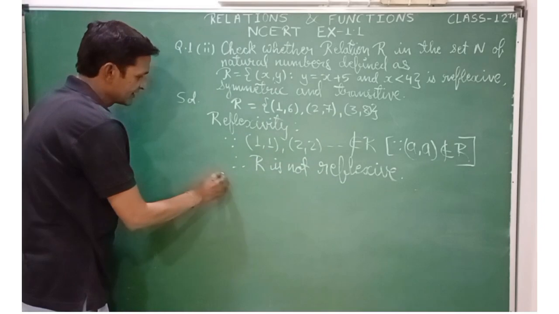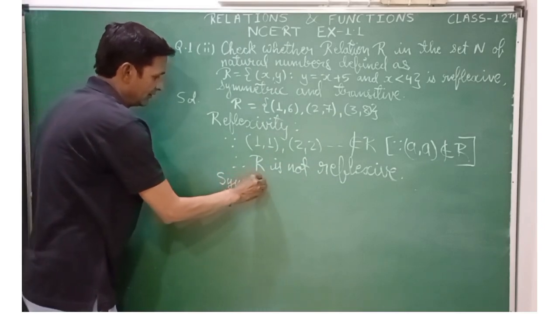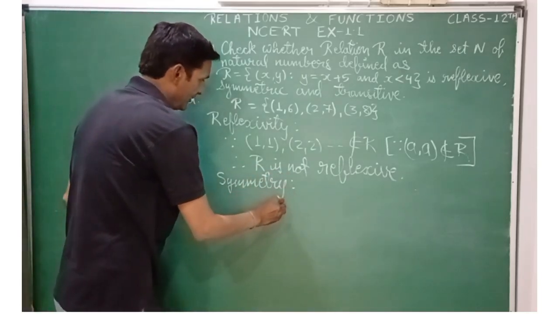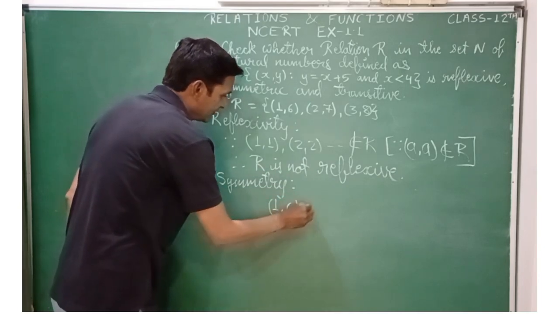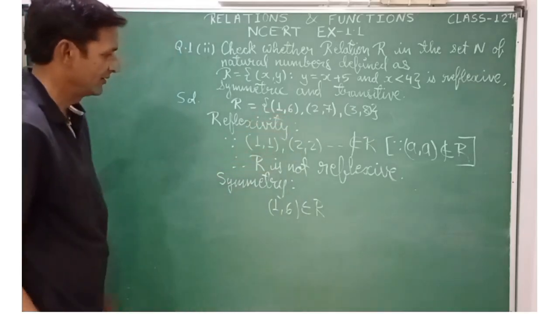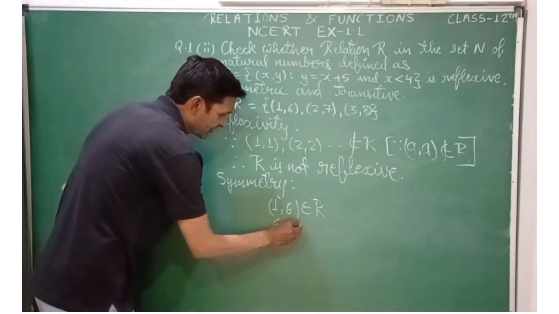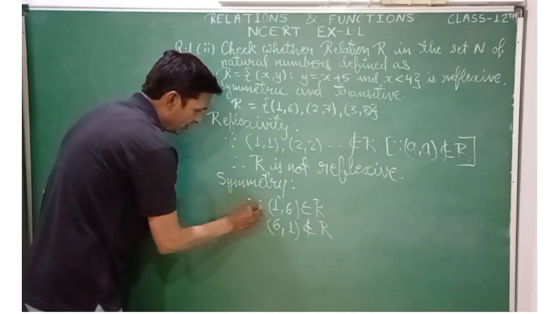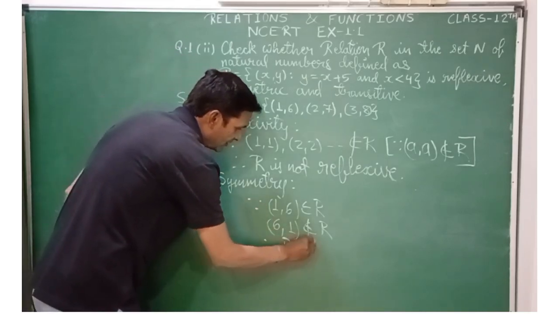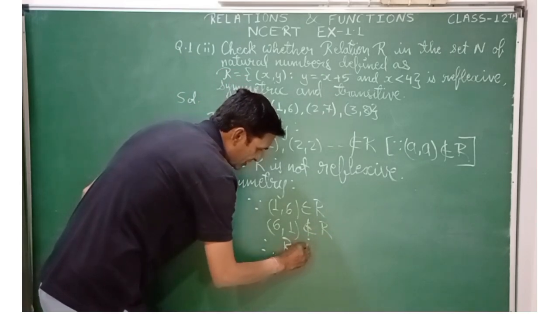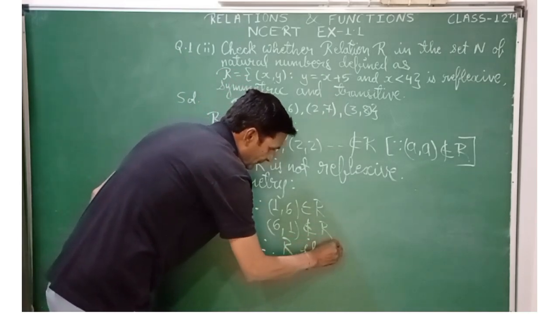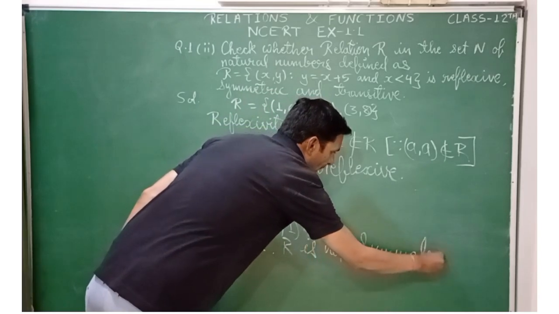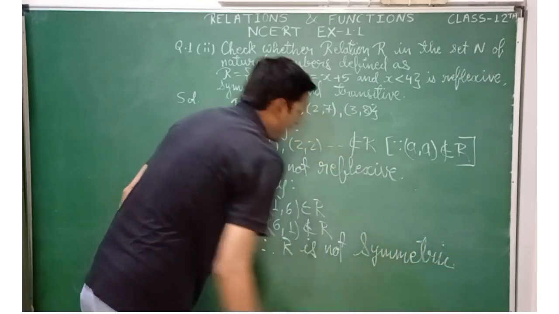Now let us see symmetry. (1, 6) is an element of R. See, our first coordinate is (1, 6), but (6, 1) is not an element of R. So (1, 6) is an element of R, but (6, 1) is not an element of R. Therefore R is not symmetric.